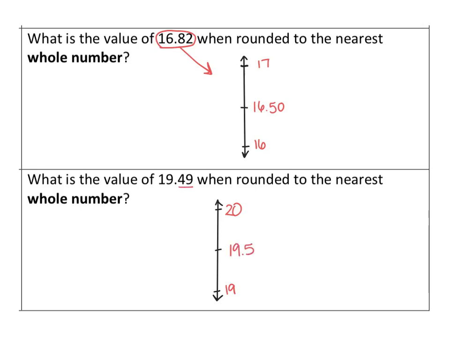Now here we have hundredths. So we can change this into hundredths. We will have it be 50 hundredths instead of 5/10. And 49 is less than 50. Just barely, but it's still less. So 49 will go below 50, and we will round down to 19.